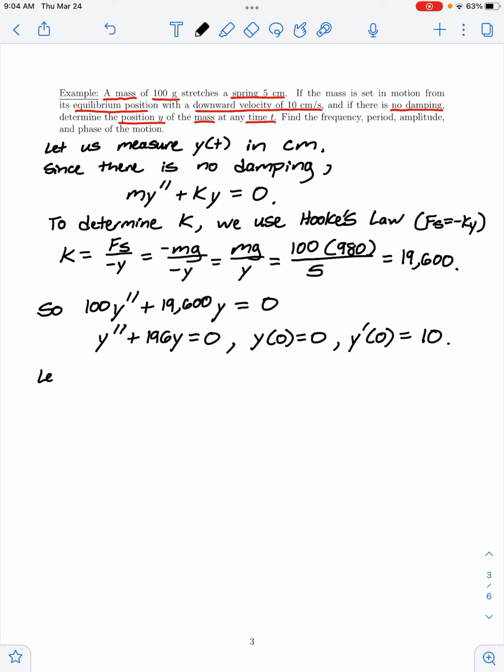If we look for solutions of exponential form, y equals e to the rt, then r is a root of the characteristic equation r squared plus 196 equals 0. And so r would be plus or minus the square root of negative 196, which would be 14i.